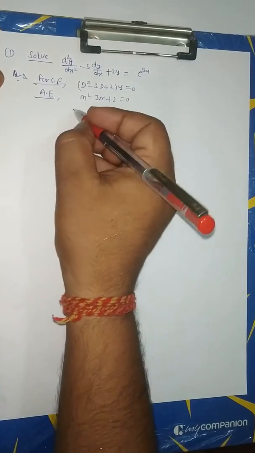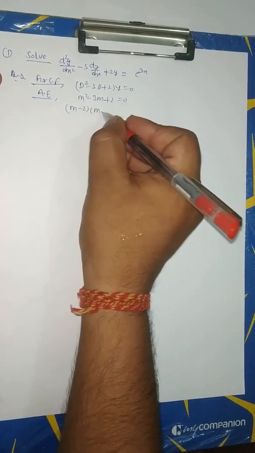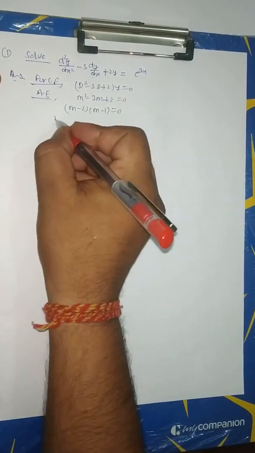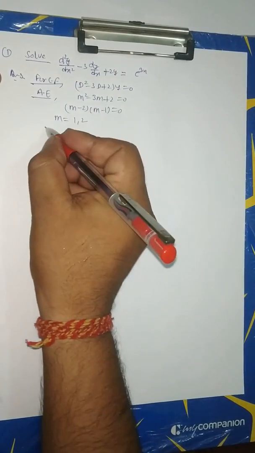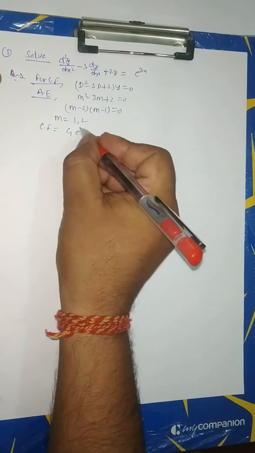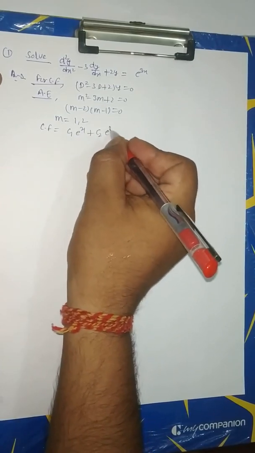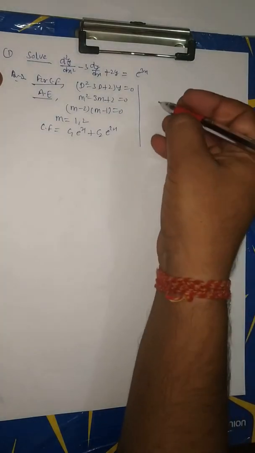Now factorize this: m minus 2, m minus 1 equal to 0. Now roots of the equation are 1, 2. Then the complementary function can be written as c1 e to the power x plus c2 e to the power 2x. Since both roots are different, c1 and c2 are arbitrary constants.